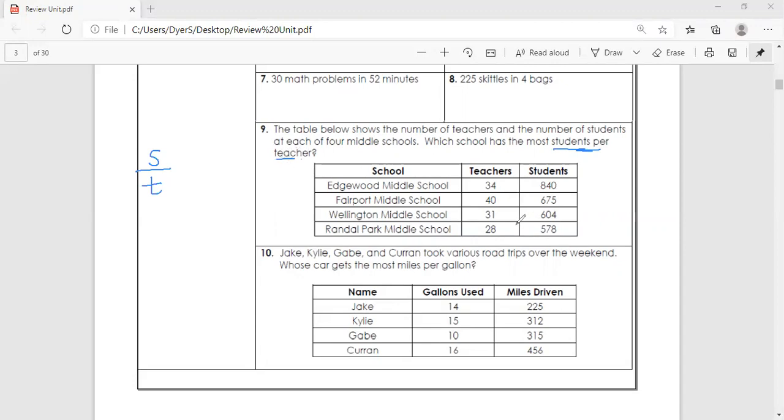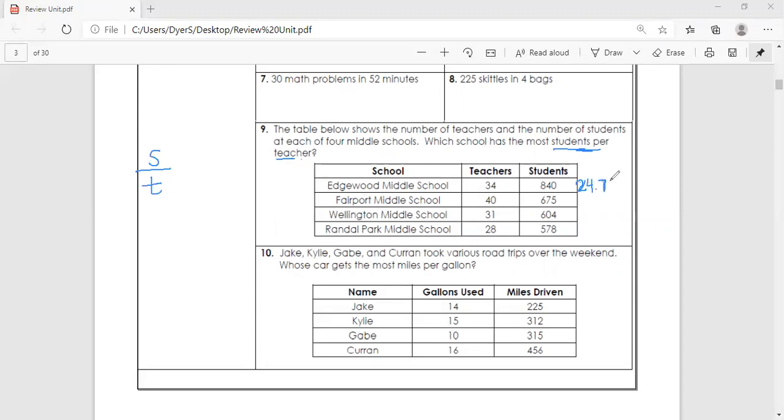So it's going to be a real easy thing to divide students divided by teacher, because that's how our ratio is set up. If you look over here, students divided by teachers. So we'll do 840 divided by 34, and that gives us 24.7.